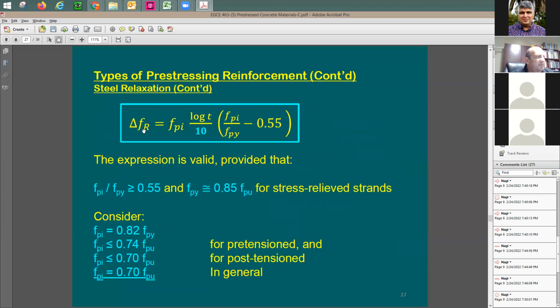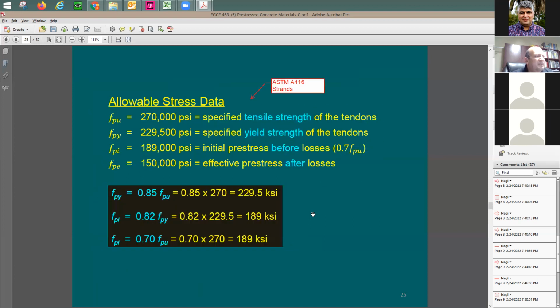Here's the same expression. I'm just repeating it here again. And then we're going to say here, this expression is good as long as FPI divided by FPY is more than 0.55. Let's look at the standard, just to be careful here. What is the standard when you compare FPI divided by FPY?